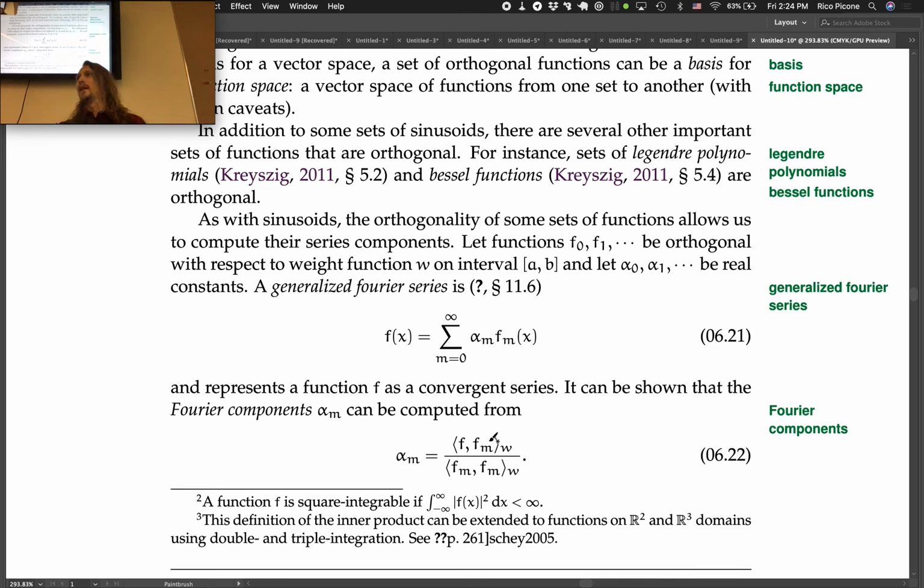In the case of sines and cosines, this might be like sine of 2 times the fundamental frequency times time, where m is equal to 2. So you take the inner product of those two together, and then you take the inner product of that specific orthogonal function with itself. That's what you use as a sort of normalizing factor here.